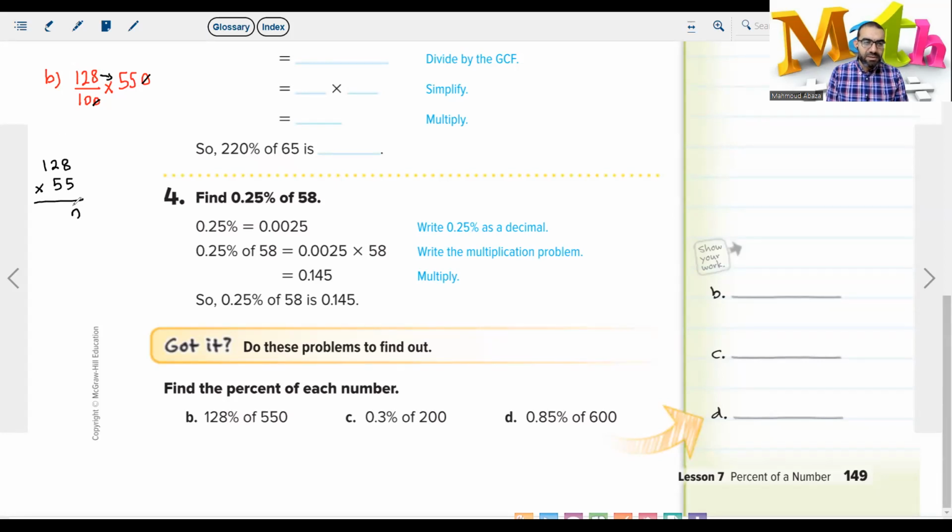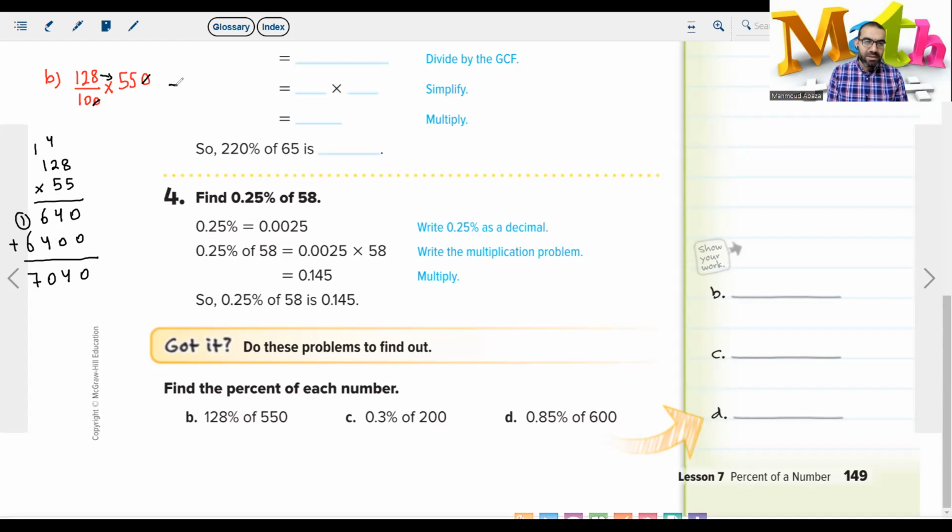5 times 8 is 40, 0 carry up 4. 5 times 2, 10 plus 4, 14. Carry up 1. 5 times 1, 5 plus 1, 6. So 0. Another 5 will give the same digits. So 0, 4, 6. Then we add 0, 4, 6 plus 4, 10. Carry up 1. It gives 7.